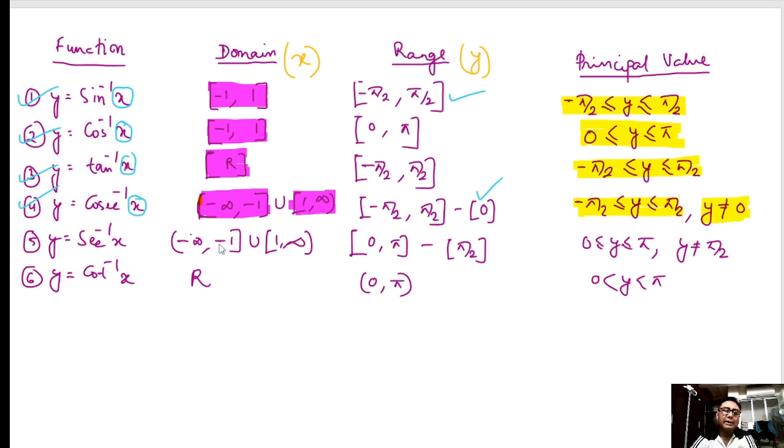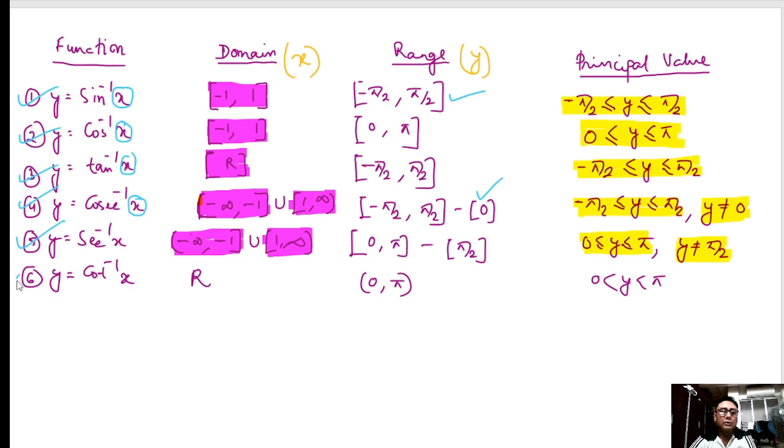Similarly, for sec inverse x, I can put the values of x from -infinity to -1, and again from 1 to infinity. And please note that here I will get from 0 to π, but I will not take y equal to π/2.